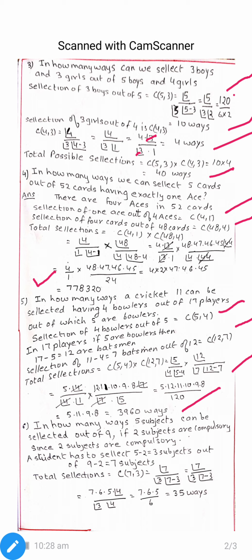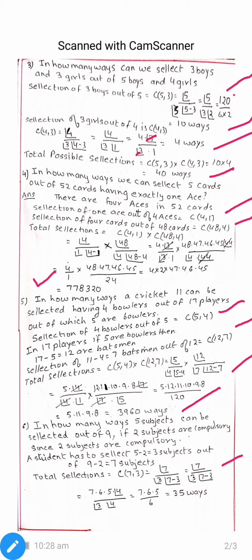In how many ways can 5 subjects be selected out of 9 if two subjects are compulsory? Since two subjects are compulsory, a student has to select 5 minus 2, 3 subjects out of 9 minus 2, 7 subjects. Total selections are C(7,3), that is factorial 7 upon factorial 3, factorial (7 minus 3), 4 factorial.